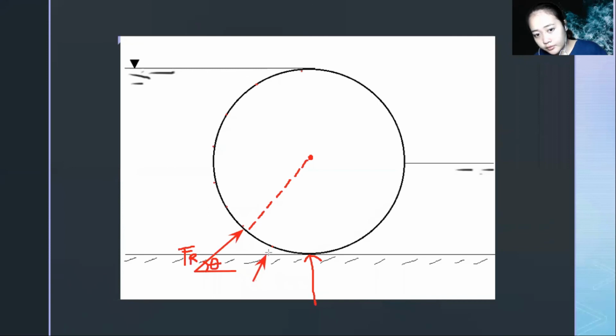So it will be getting smaller and smaller until it gets to zero. So it has to go along to the center, to the centroid here, this way.